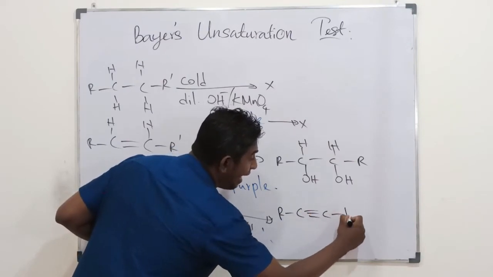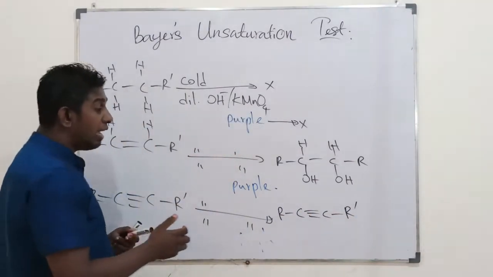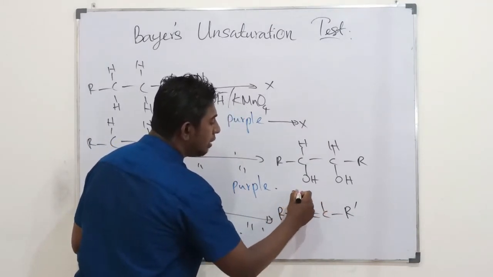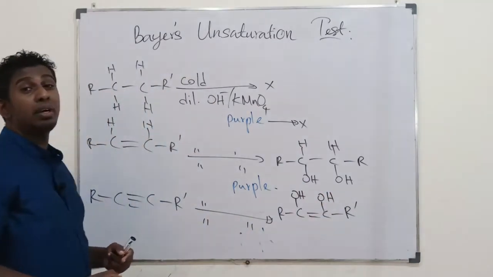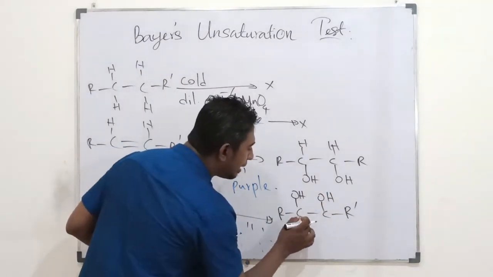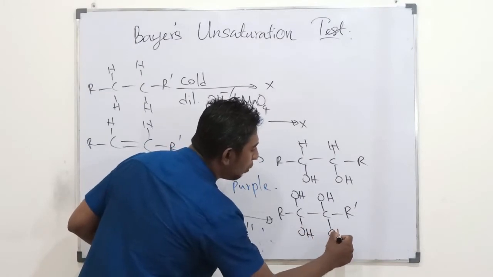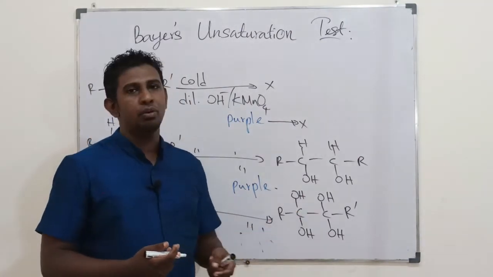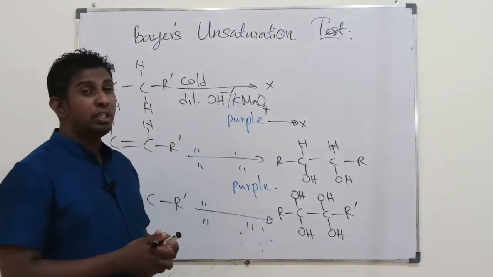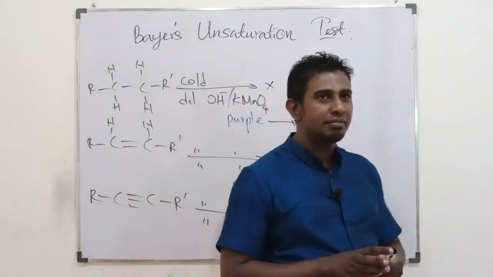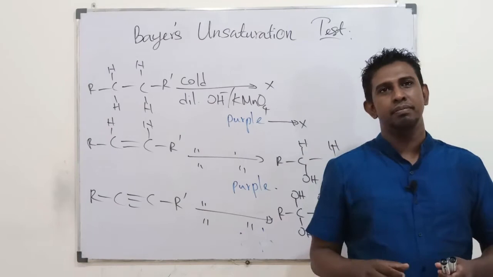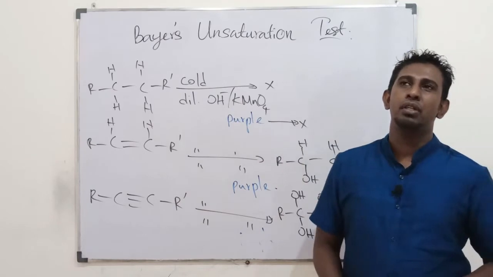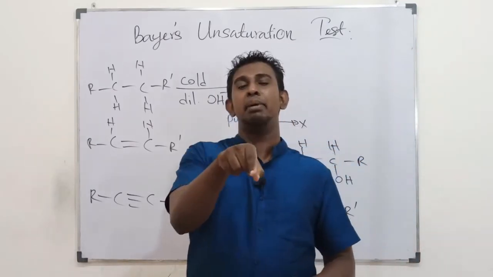Following alkenes, alkynes would also behave similarly: opening up one pi bond, there will be two OHs given on two carbons. Then opening up the other pi bond as well, there will be another two OH groups. So we could expect this kind of compound to be given. But students, you need to know this important fact: having more than one OH group, let's say two OH groups on the same carbon, would make the carbon unstable.